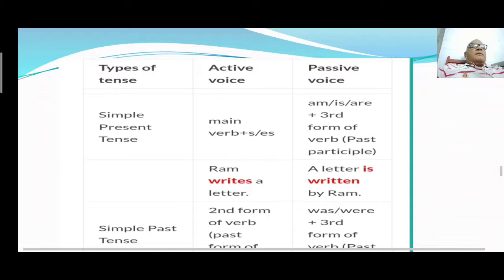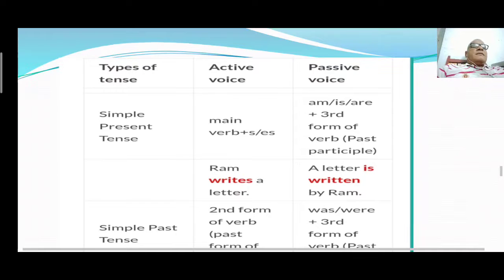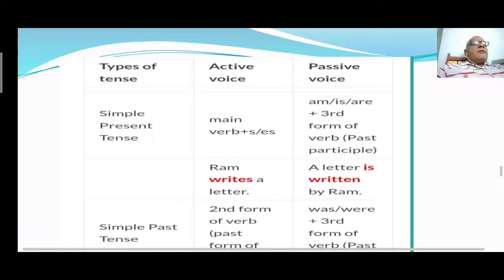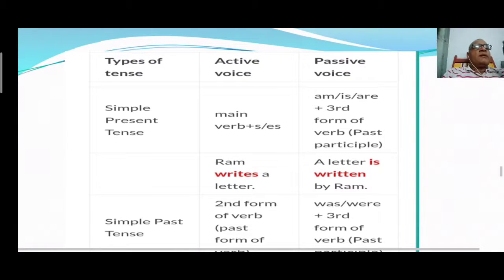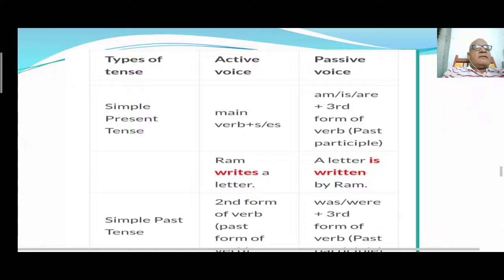Here, instead of adding s or es to the verb, we directly show it with the auxiliary helping verb does not. Does not is singular, do not is plural.